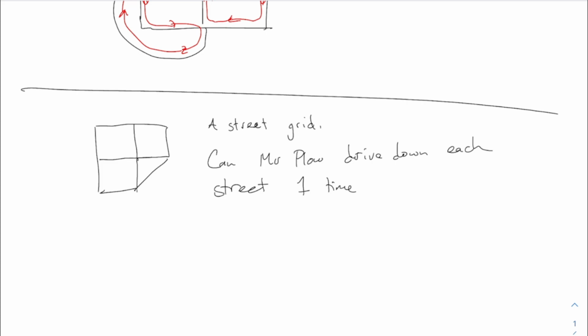Like he doesn't want to go back over the street that he already plowed, right? That's for suckers. So can Mr. Plow drive down each street one time without reusing any streets? That's the question.